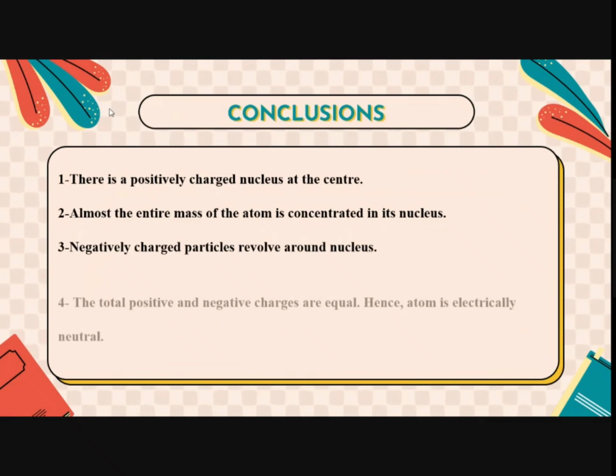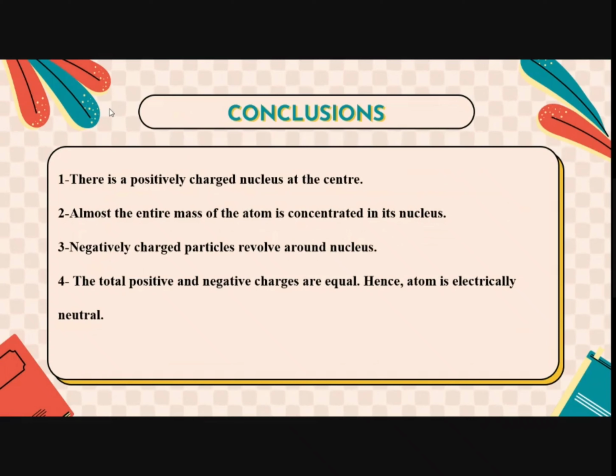Now let's look at something else. This concept is not a new one. This is taken from J.J. Thomson only. He also understood that the total positive and the negative charge on an atom is equal. Hence, the atom is electrically neutral, just as Thomson said.